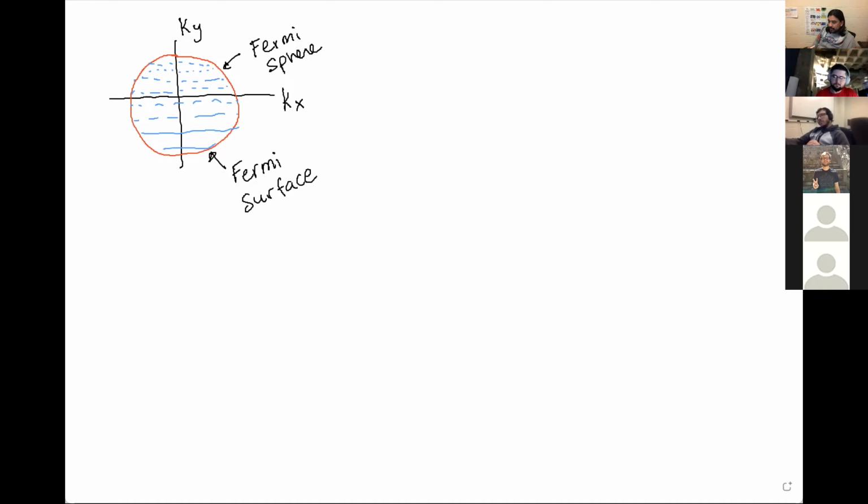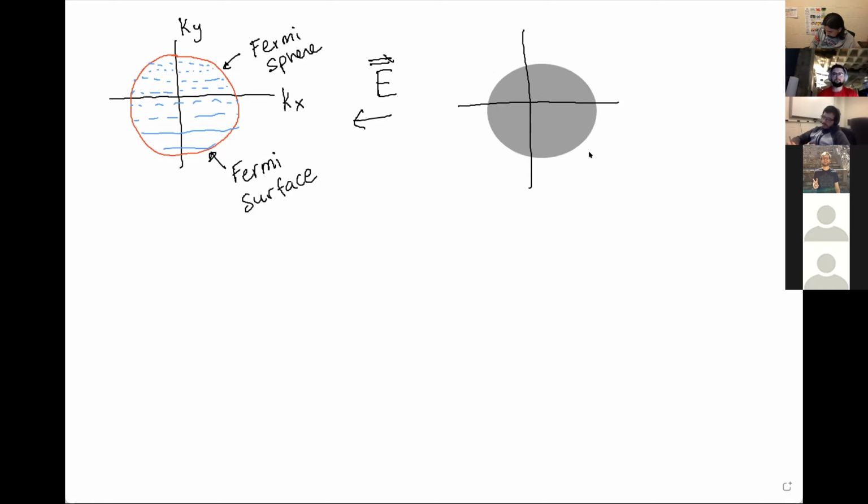Awesome, thanks. All right. So then let's say that you had an electric field applied to the system, right? So you have an electric field, and this electric field is going to be applied in that direction. So what's going to happen then is that, let me redraw it carefully. So this is the original one.